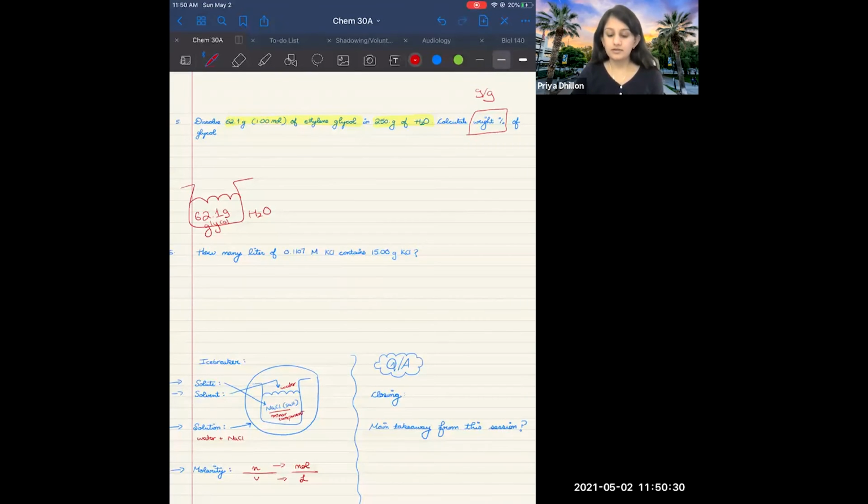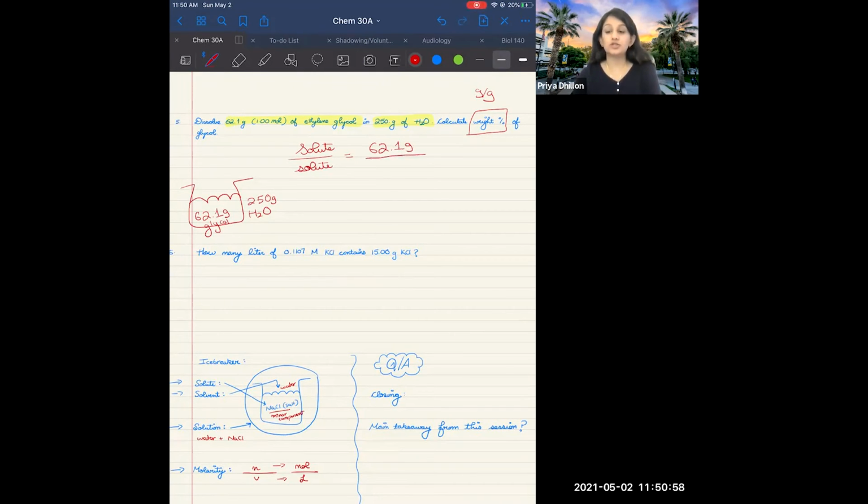And then, so here, let's first put solute over solution. So what is my solute here, guys? And there is 250 grams of H2O. Yep, glycol, so it's 62.1 grams, right?